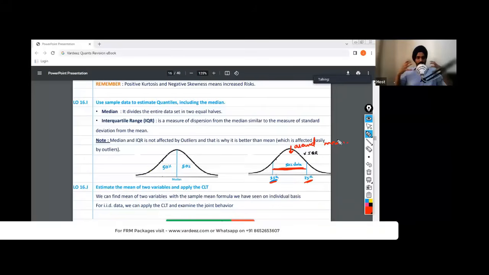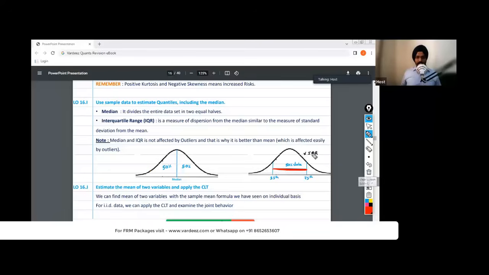So it gives you a visual look. It tells you a lot, whether your data is clustered around the mean or whether it's too far away from the mean. So if the data is clustered around the mean, you know that if you invest your money, maybe the next day, it's going to be near about the mean.